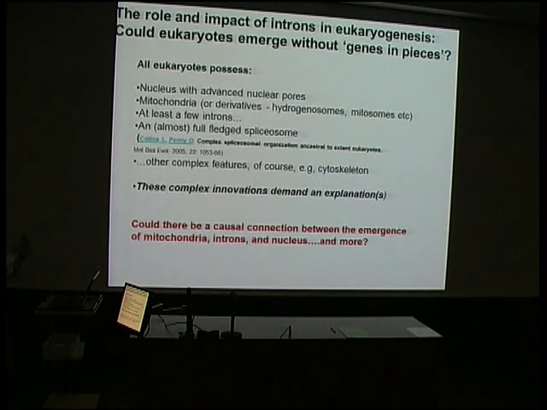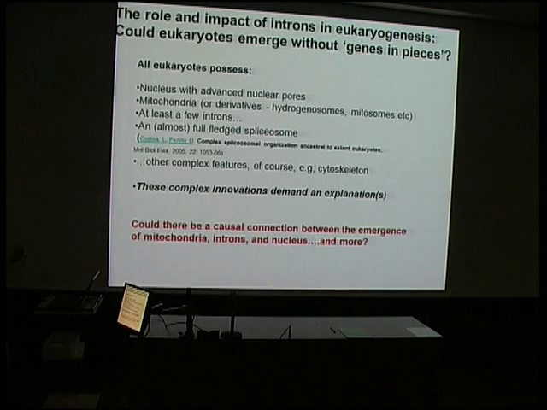So, all eukaryotic cells, and accordingly, the reconstructed last common ancestor of all eukaryotes, come equipped with all of these complex features. So, naturally one starts to think, could there be a causal connection between the emergence of these various complex features?